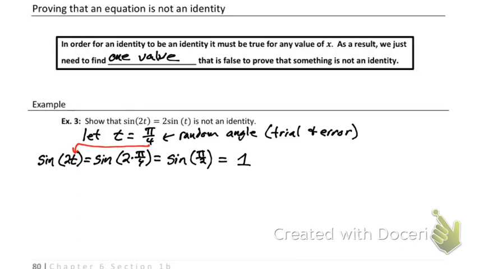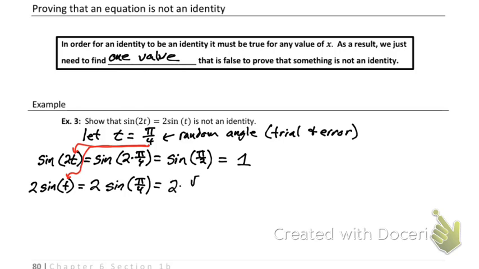All right, now we're going to check the 2 sine of t. Once again, you're going to replace your t value with that pi over 4. And we're going to have 2 times sine of pi over 4. Well, pi over 4 is that middle tick mark, where sine is square root of 2 over 2.